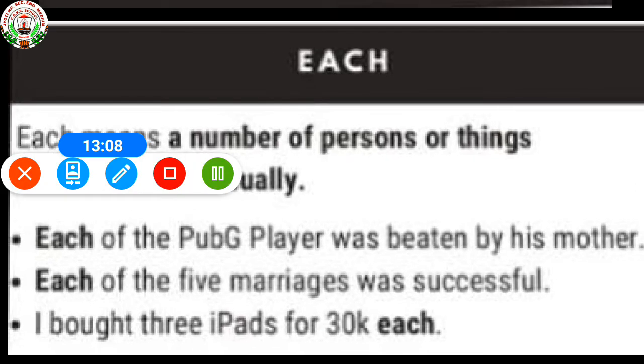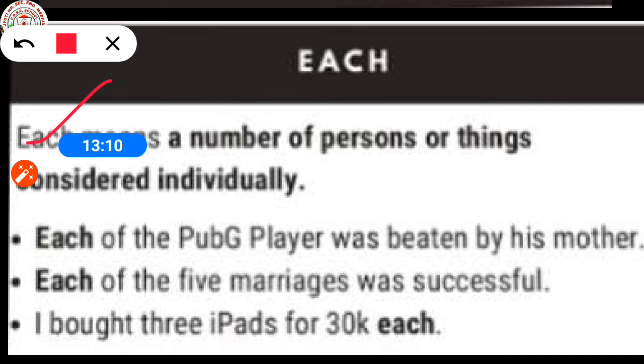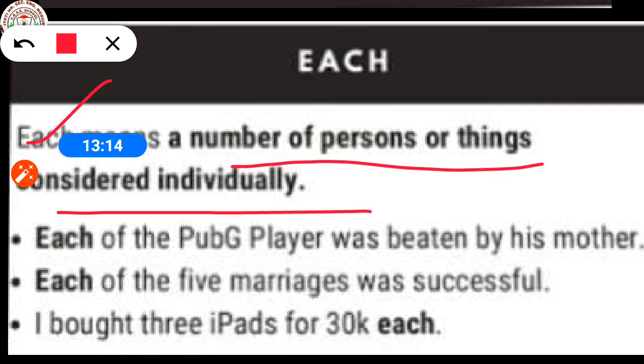So each means a number of persons or things considered individually. See the example: each of the PUBG players was beaten by his mother. Each of the 5 marriages was successful. I bought 3 iPads for 30k each.